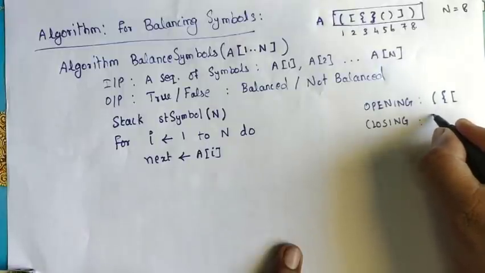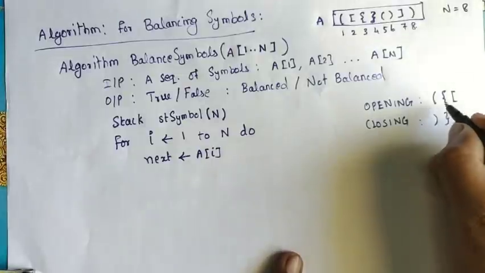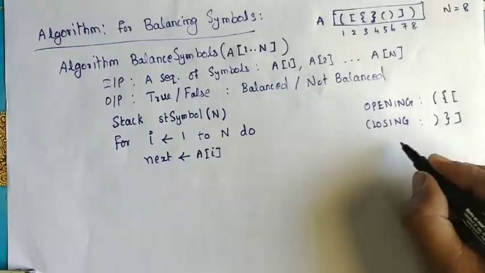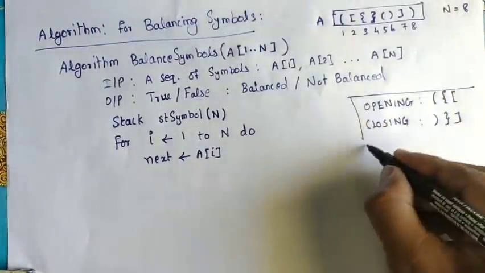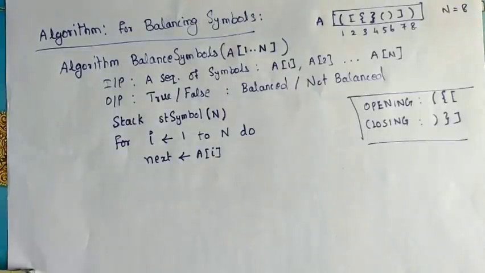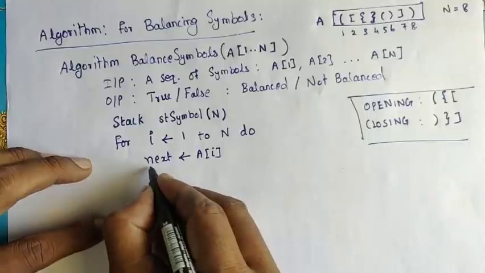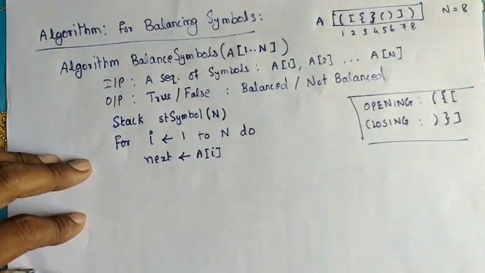Then the close parenthesis, close brace, and close bracket are identified as closing symbols. So we are going to check whether the next symbol in that array is either opening or closing. That is the case.